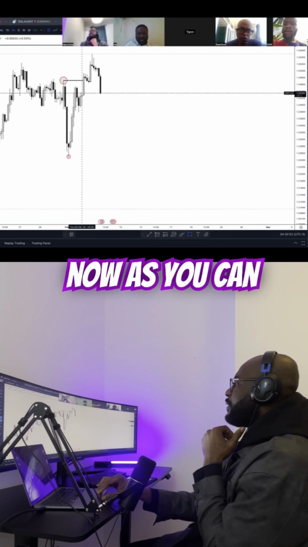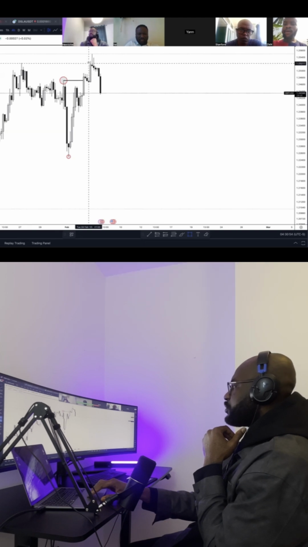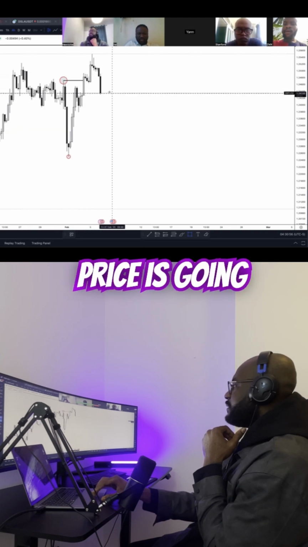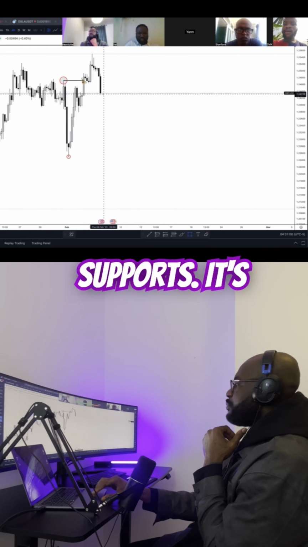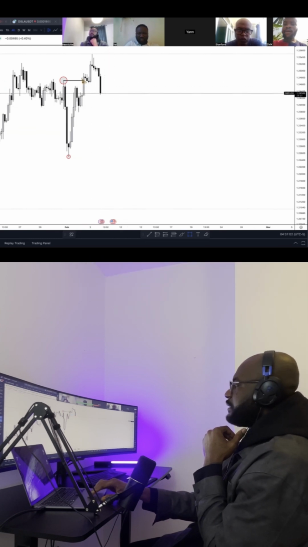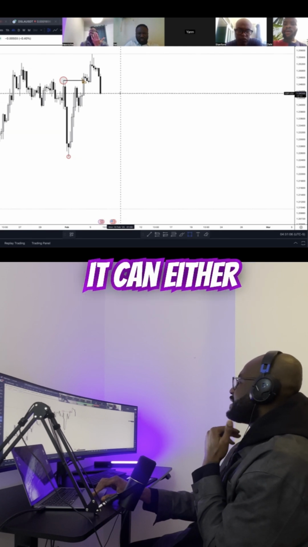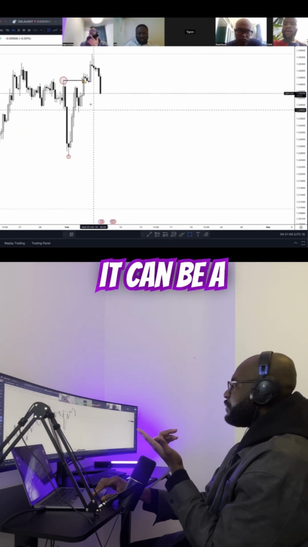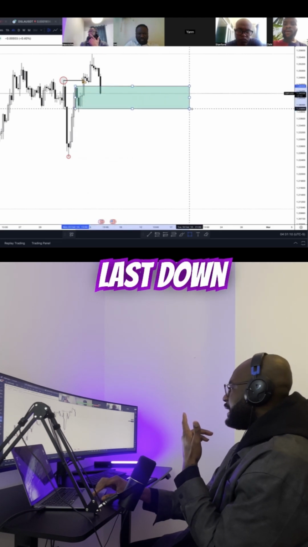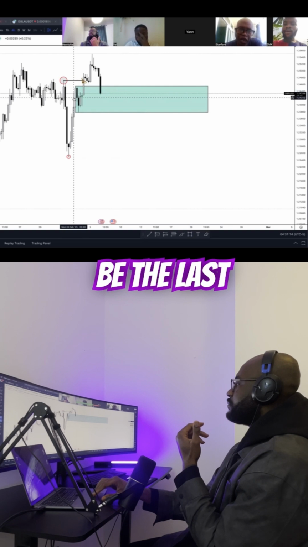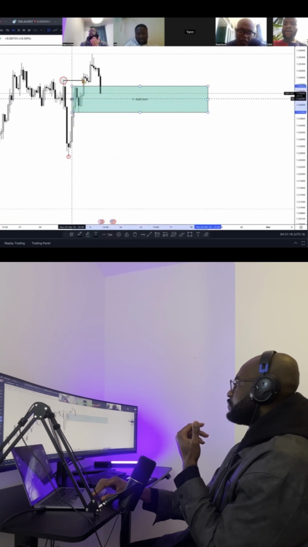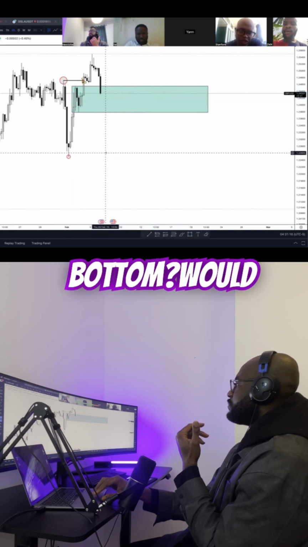So now, as you can see, we've broken structure, and price is retesting. Price is going to retest on something to use it as support to continue higher. Fair value gap. Exactly. So it can either be a fair value gap or it can be a last down close candle. Would it not be the last dark candle, where you have that red dot at the bottom?